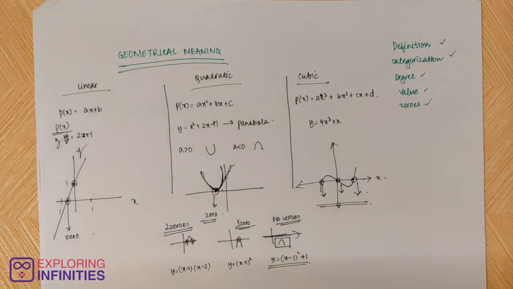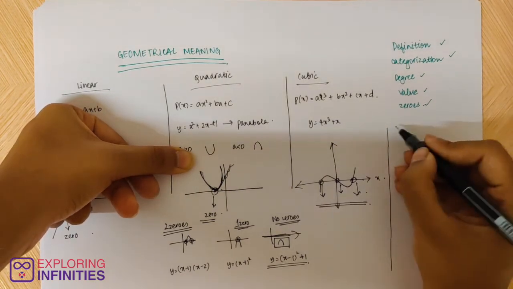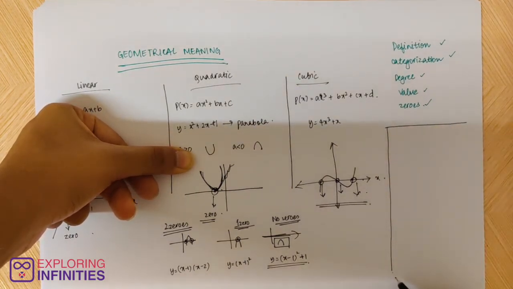So let's just solve a few questions. I'll draw a few graphs. You have to find out how many zeros each has. So let's finish it off on this page itself.